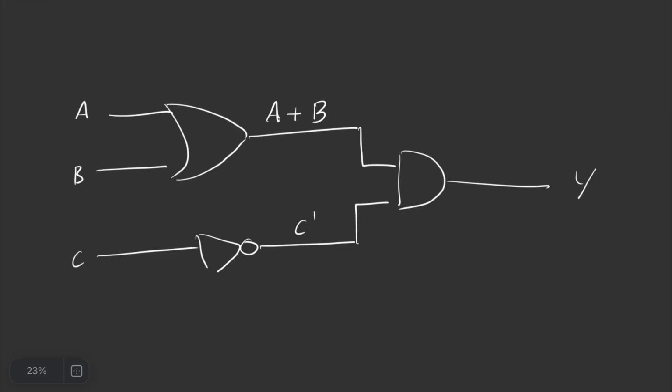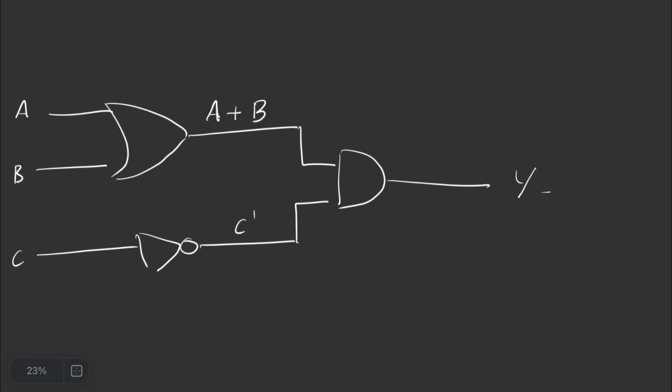Both of these are going into an AND gate once again. So it's going to be this variable and this variable. What's that going to look like? Our output will be C prime (A plus B). This is the output of our Boolean expression. It could also similarly be shown as (A plus B) C prime.